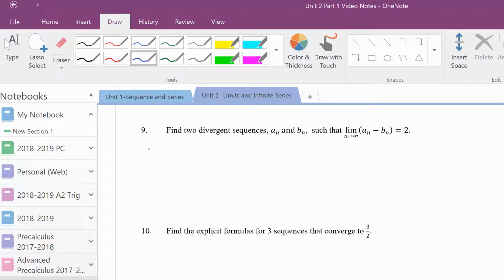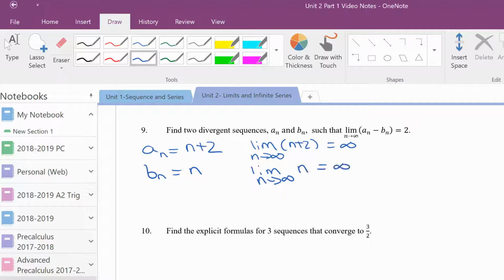So for example, one that I thought of is a sub n is n plus 2, because the limit as n approaching infinity of n plus 2 is infinite. And b sub n equals n, because the limit as n approaches infinity of n is infinite.